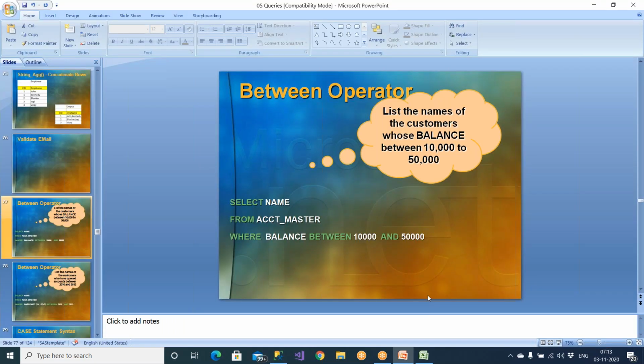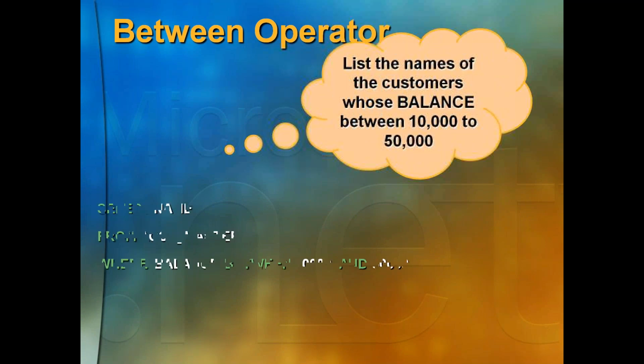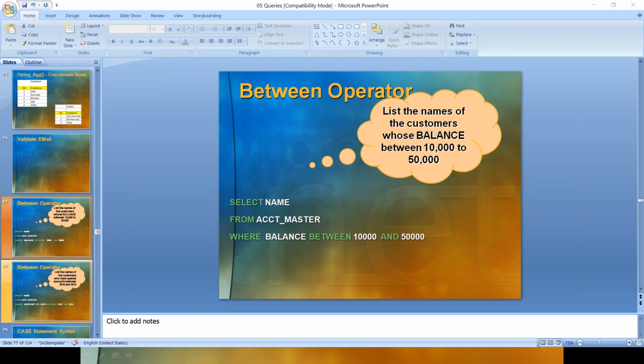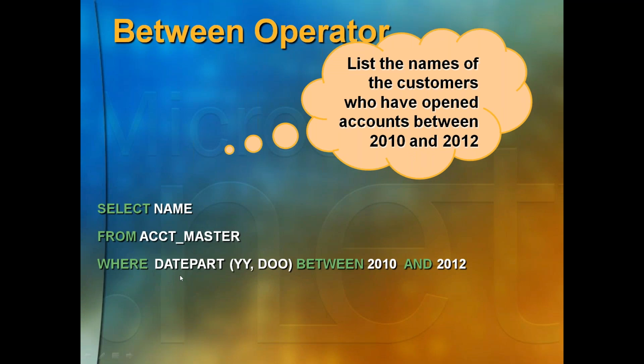Many interviewers are going to confuse you. List the names of the customers who have opened accounts between 2010 and 2012. Between 2010 and 2012, who are the customers who opened accounts? DATEPART with year will bring you the year number, and between 2010 and 2012, if you have any accounts there, those accounts are shown to you, because I have to bring out only the year number.